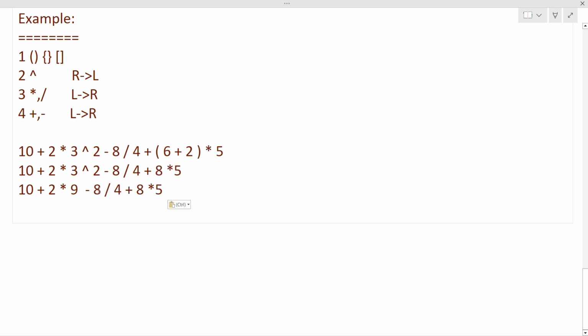Yes, and now let's see which operator. As you can see here, multiplication and division both are in the same level, but what we follow is from left to right we will parse. Left to right means first left is 2 into 9, 9 2s are 18, and then we traverse 8 by 4, that is 2, and 8 into 5, that is 40.